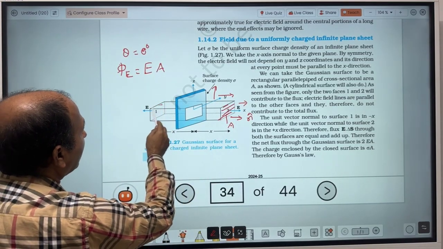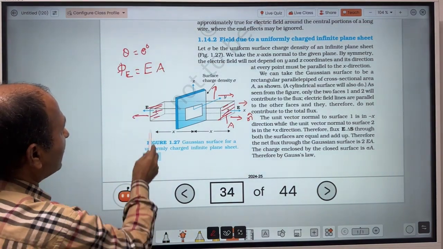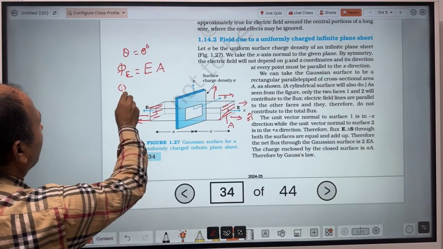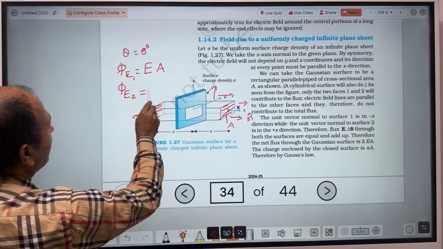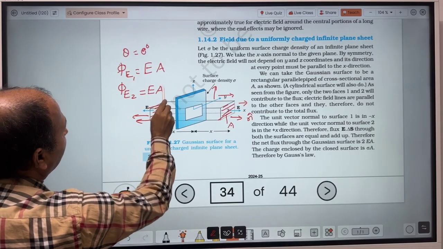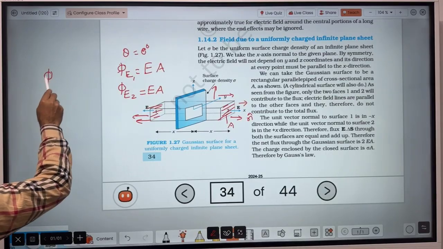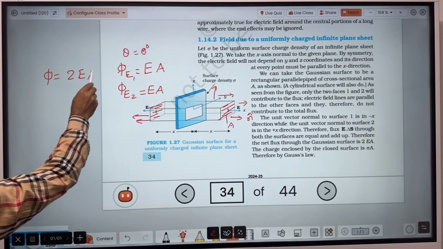There is another face in which the electric field is in this direction and the area vector is also in this direction. So here also the flux phi E, if you write 1 and 2, will be the same. So the total flux phi will be the sum of the two, that is 2EA.